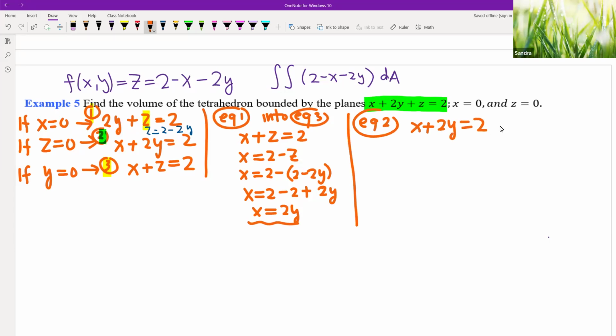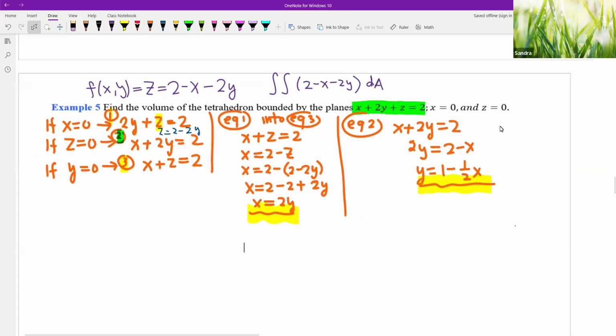Let me solve for y. 2y equals 2 minus x, divided by 2, so y equals 1 minus 1 half x. And I have another equation. So I have two different equations, and both of those equations are in terms of x and y only, which is good.